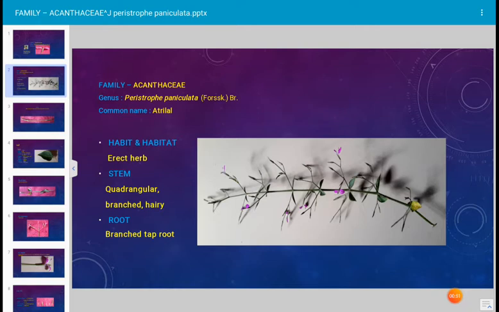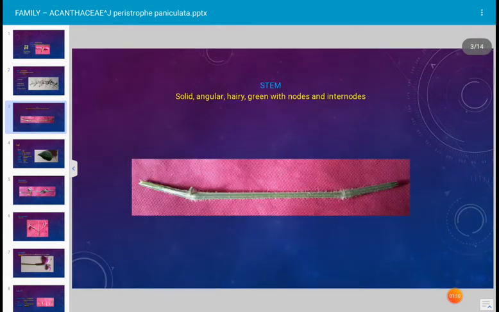The stem is a branched stem. It is quadrangular, 4-angled, and very hard, and the branches are hairy. The plant consists of a taproot system. The root system is branched and it is a taproot system.